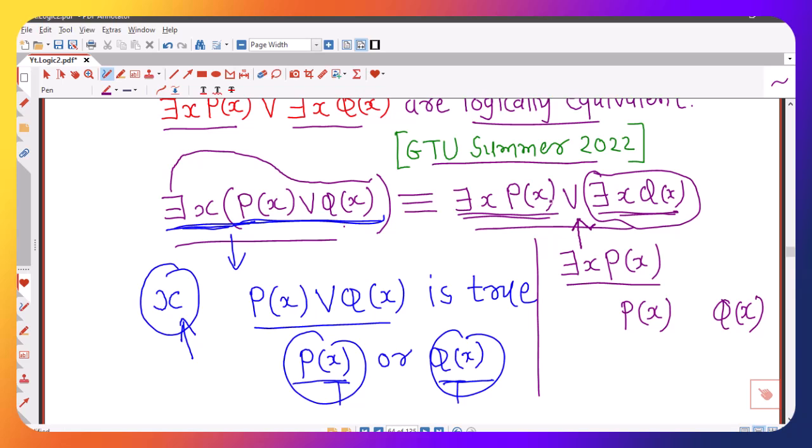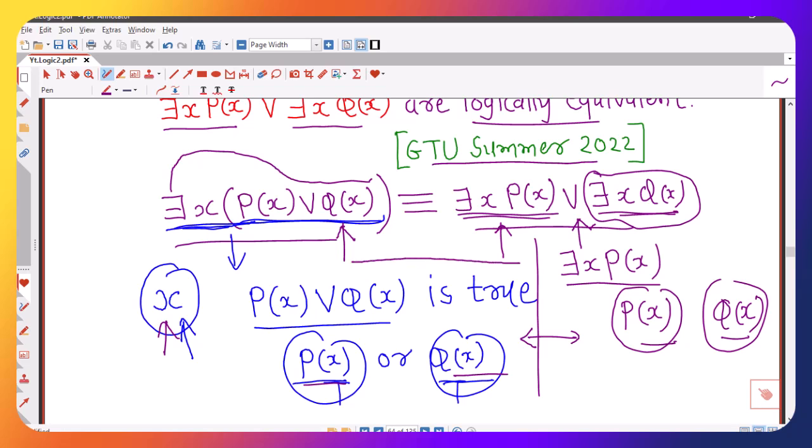That means there is at least one x such that either px is true or qx is true. So we can say that both statements are true if for at least one value of x, at least one of these two has truth value true. So the truth value will be the same for both of these.